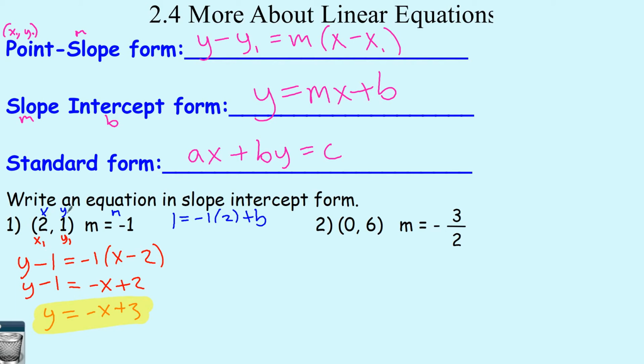Notice what I did. I plugged in x and y for the x and y here, the negative 1 slope into here, and now I just solve for b. So I get 1 equals negative 2 plus b, so 3 equals b. So then I get my slope, my y-intercept, so y equals negative 1 times x plus 3.